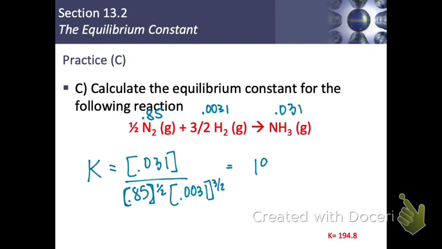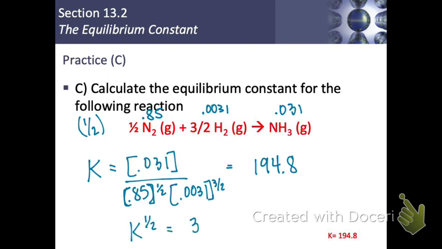Did you guys get about 194.8? And so you see what happened to our reaction here? We cut our whole reaction in half from our original. And so what we did essentially was take K to the 1/2 power.